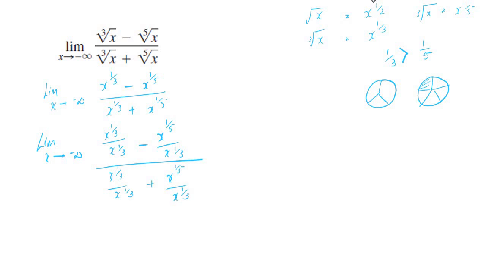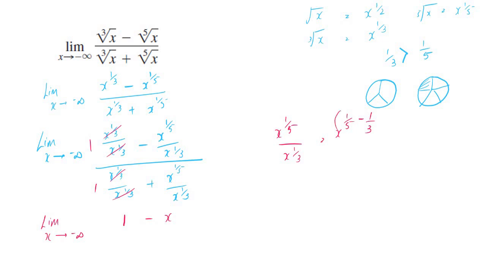So these cancel, and when you cancel, remember you get 1 here, not 0. It cancels to 1. This cancels to 1 as well. So we have limit as x tends to minus infinity, 1 minus x to the power... This can be written as x to the power 1/5 over x to the power 1/3 is equal to x to the power 1/5 minus 1/3.